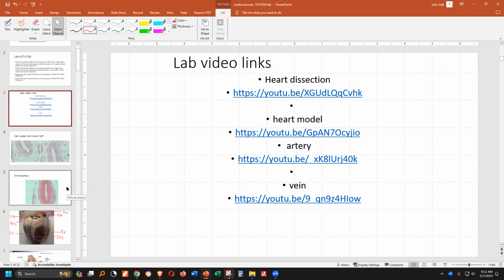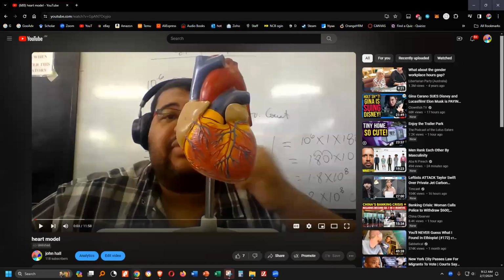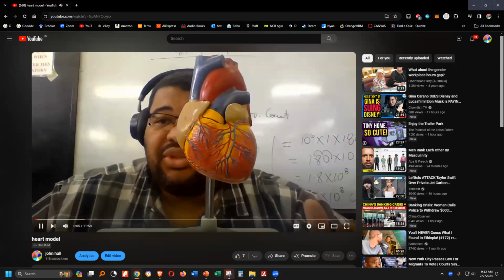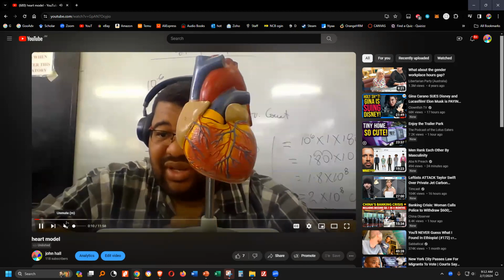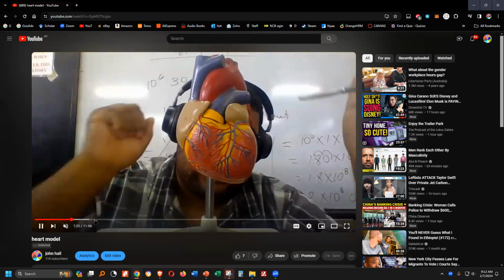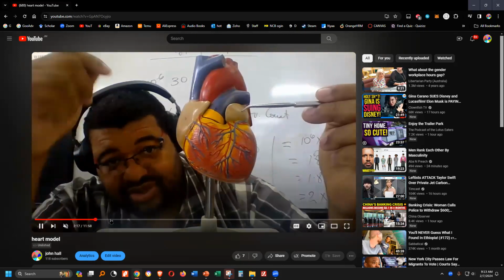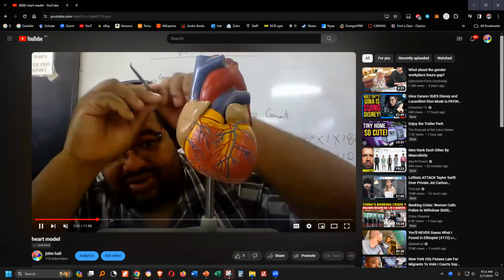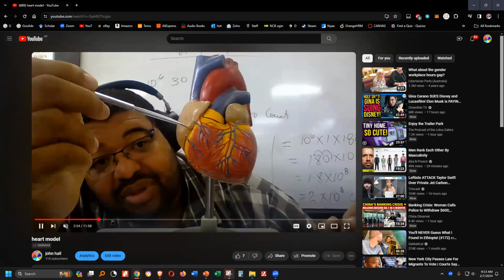The next thing I do here is this. This one is just for you to listen to. In this one, I'll go through the parts of the heart using a model, and I point them out by name. The reason I do this is because lab quizzes always have drawings on them, and the chance of there being a heart to label on your lab quiz is pretty high.